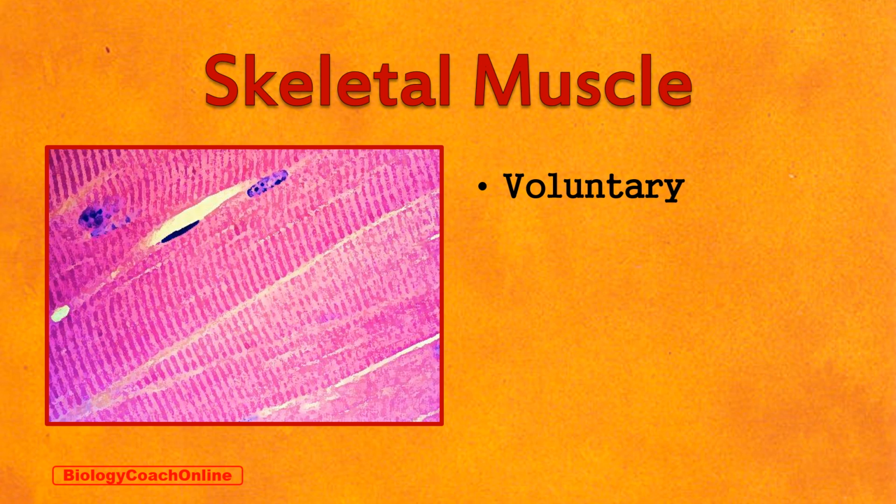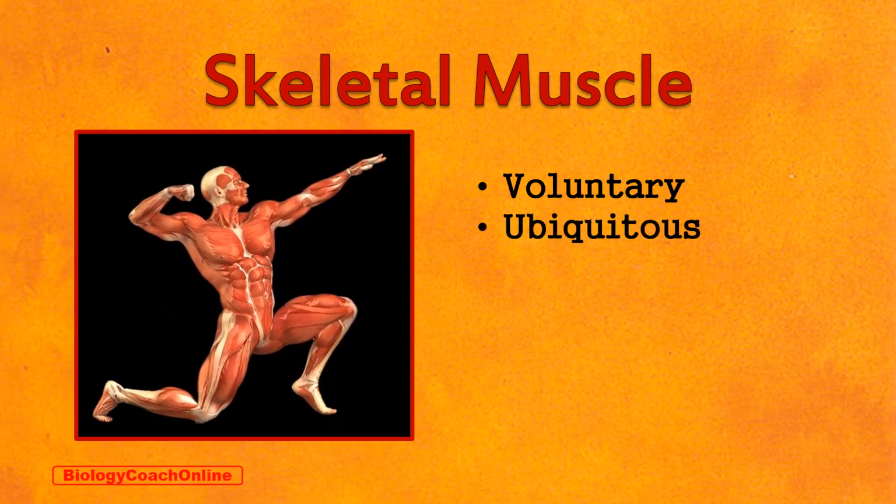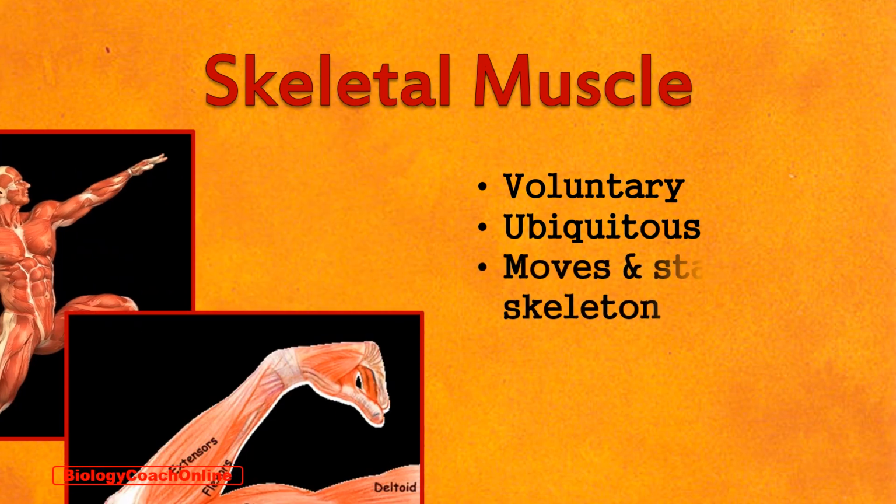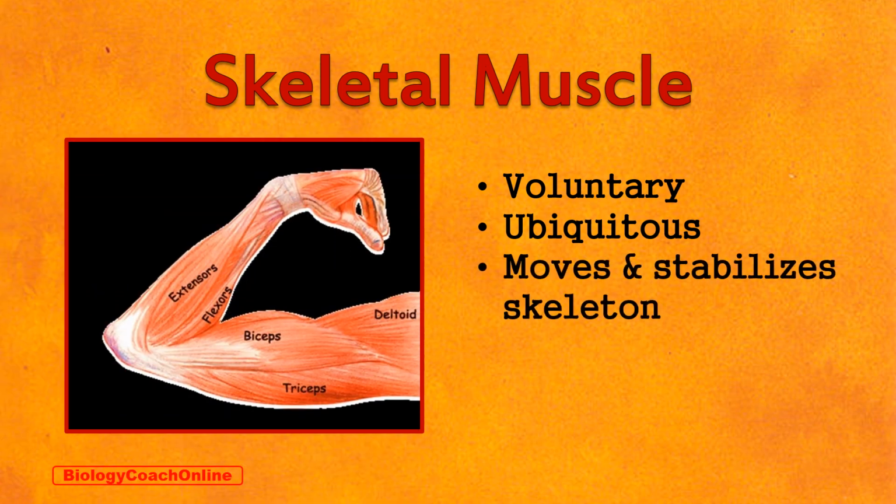You do not choose whether or not your heart beats. It just beats. Now, just as smooth muscle is found throughout the body, so too skeletal muscle is ubiquitous. And as the name implies, skeletal muscle is connected by way of tendons, remember, to the bones of the skeleton. Now, through these connections, skeletal muscle functions to move, position, and stabilize the skeleton.